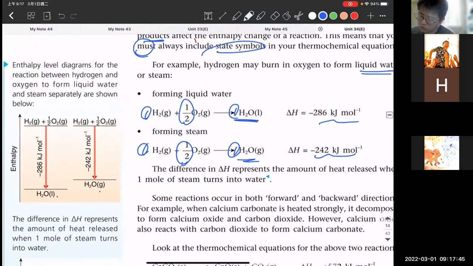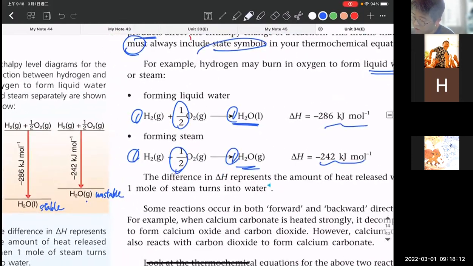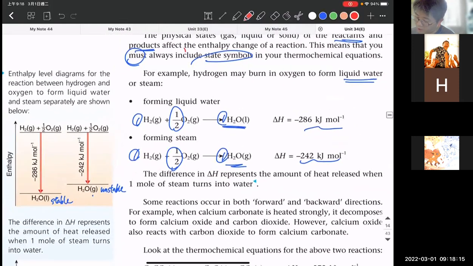Between these two, this one is more unstable and this one is stable, because I increase the temperature, so I absorb much energy content, so the enthalpy level of steam is higher. So you may find two data. Can you get the point? So what is the difference? The difference of these two data is just the amount of heat released when 1 mole of steam turns back to 1 mole of water. So what is the difference?